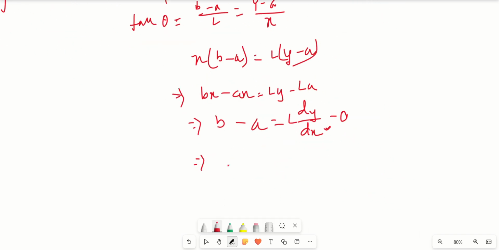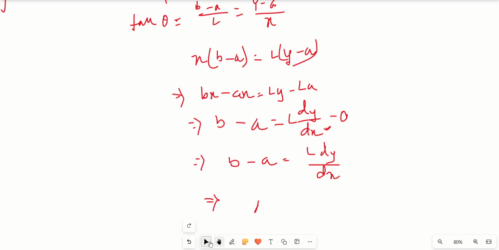So b minus a equals L dy by dx, and we can find dx from here. dx equals L dy by b minus a.